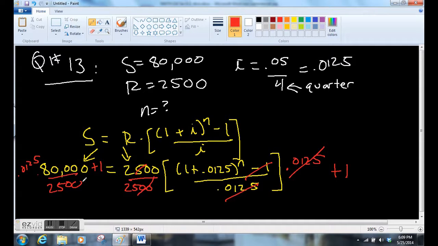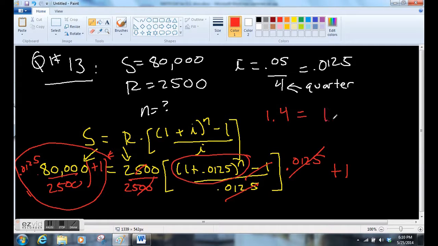So what we are left with is, on this side, 80,000 divided by 2,500 times 0.0125, then add 1, is equal to 1.4. You should get 1.4. So that's going to be equal to this piece, 1.0125 raised to the N.